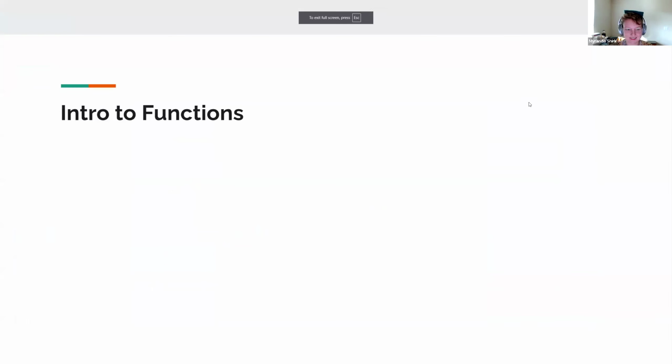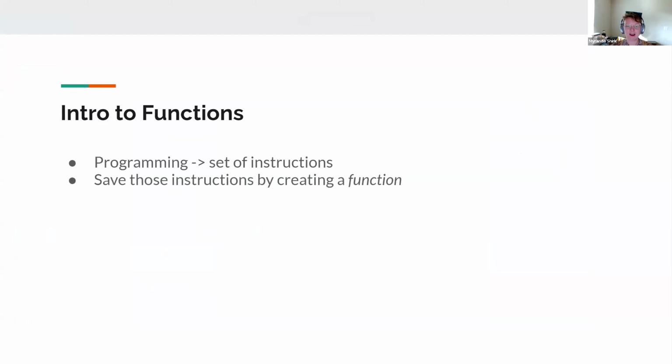All right. Functions. Let's jump into functions. What we have been talking about with programming: programming is a set of instructions. But we kind of just write the instructions in a file. What if I want to reuse it?